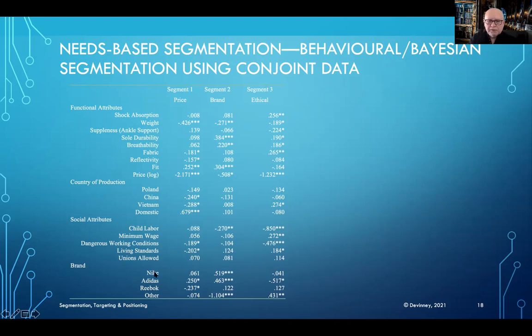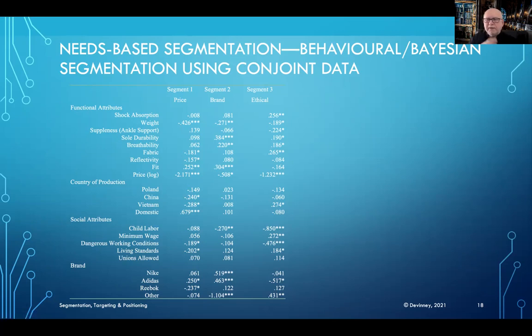So this is an example with athletic shoes. This is real data, by the way. So it's hundreds of people. And here you have a breakdown that says, okay, a bunch of attributes are the brands, right? A bunch of attributes are social, in the sense of was child labor used to produce this.